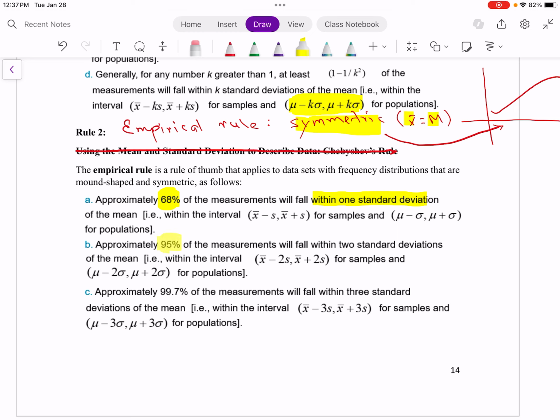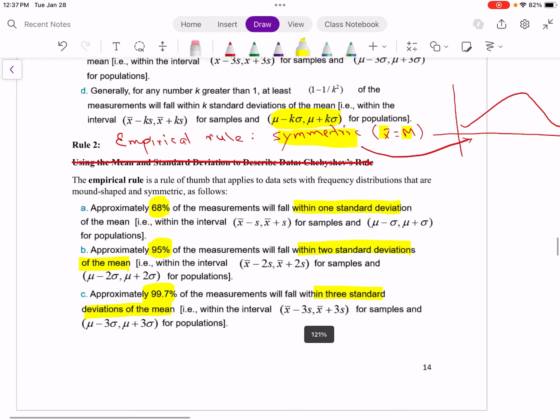Approximately 95% of the measurements will be within 2 standard deviations of the mean. And approximately 99.7% of the measurements will fall within 3 standard deviations of the mean if our data set is symmetric.